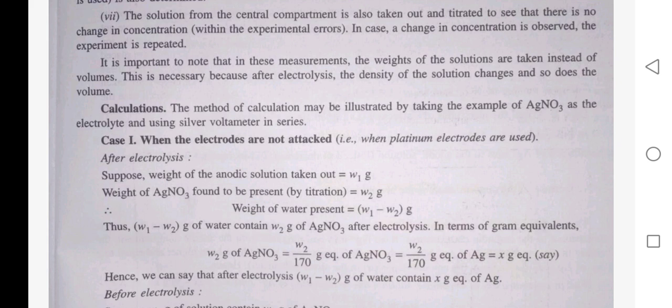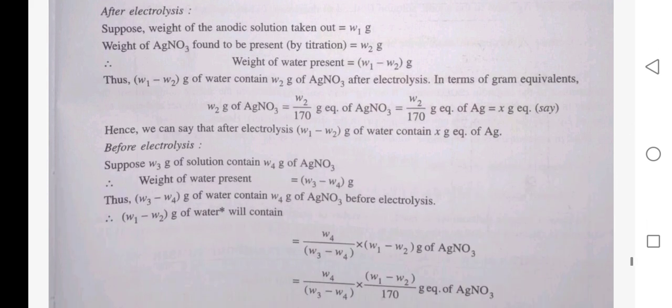Thus W1 minus W2 gram of water contains W2 gram of AgNO3. After electrolysis, in terms of gram equivalent, W2 gram of AgNO3 is equal to W2 upon 170 gram equivalent of Ag, which can be written as X gram equivalent. Hence, after electrolysis, W1 minus W2 gram of water contains X gram equivalent of Ag.